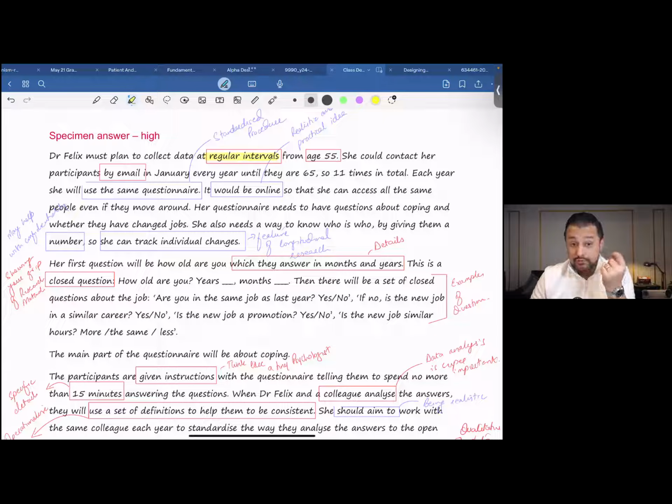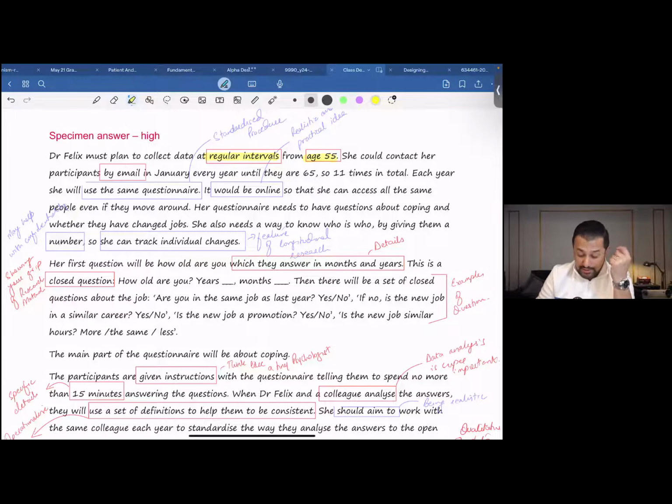So Dr. Felix must plan to collect data at regular intervals from age 55. That reflects that you've read and understood your question well, and you're showing the examiner that data collection would start when the participants are 55 years old.